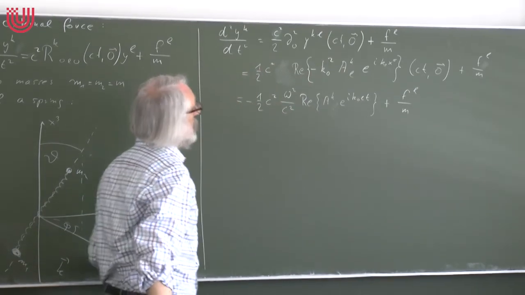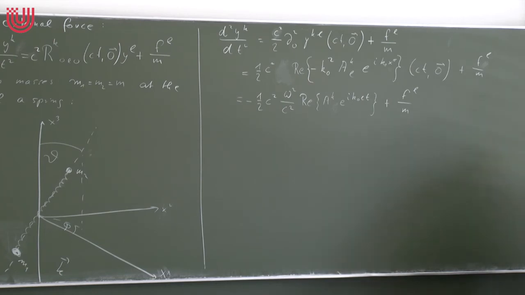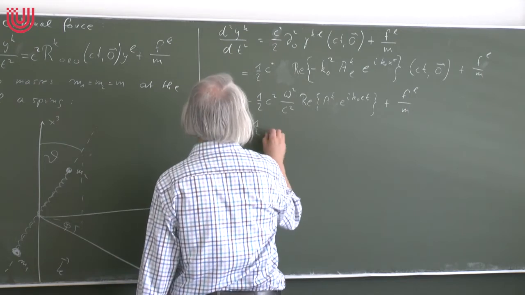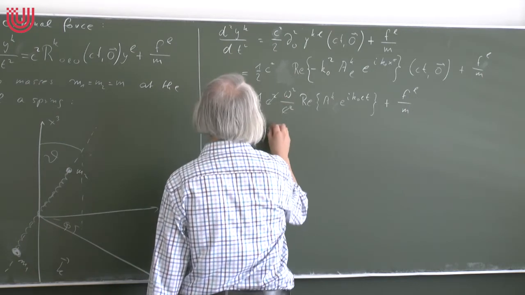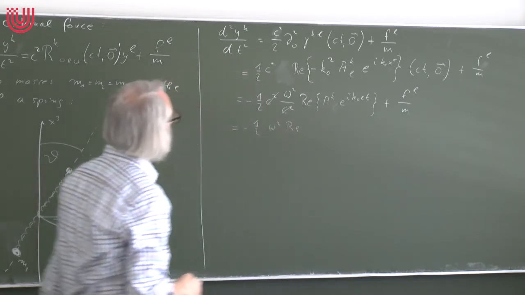So k0 with a lower index was plus omega over c. Let me check. According to my notes, it's minus omega. Okay, I believe my notes. Then I have minus 1/2. These factors cancel. Omega squared, that's the omega of the gravitational wave.